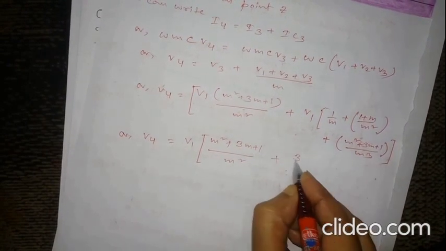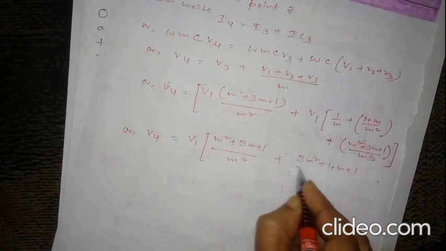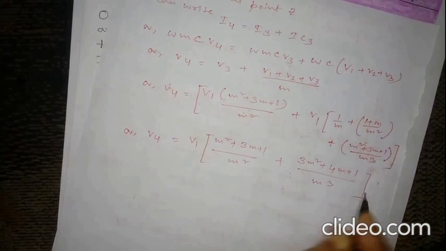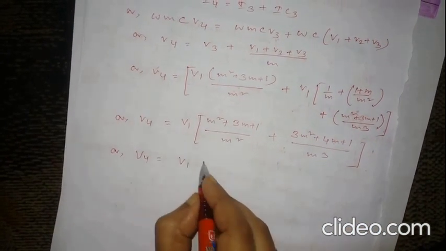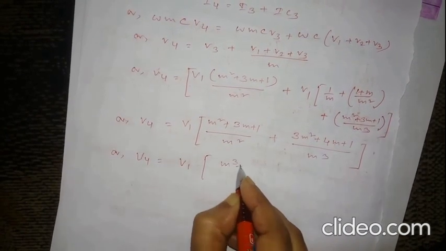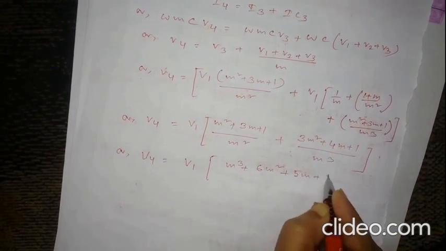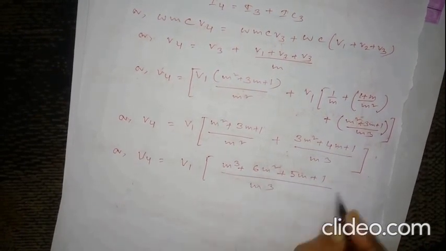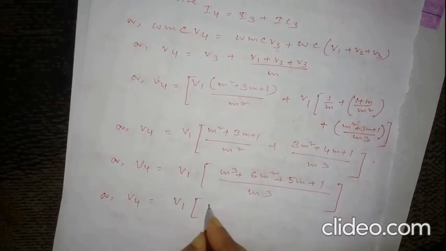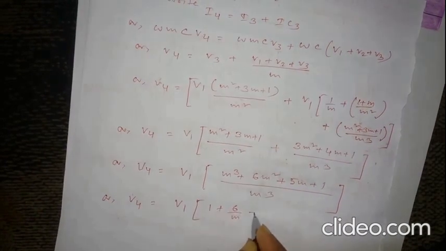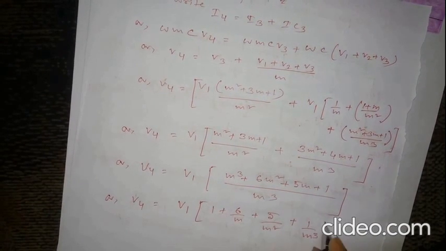After computing this we get V4 equal to V1 (M cube plus 6M square plus 5M plus 1) by M cube. Or V4 equal to V1 (1 plus 6 by M plus 5 by M square plus 1 by M cube).